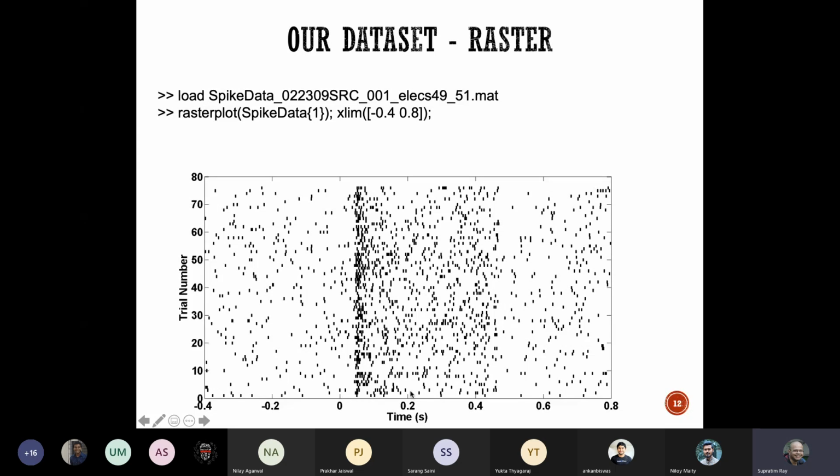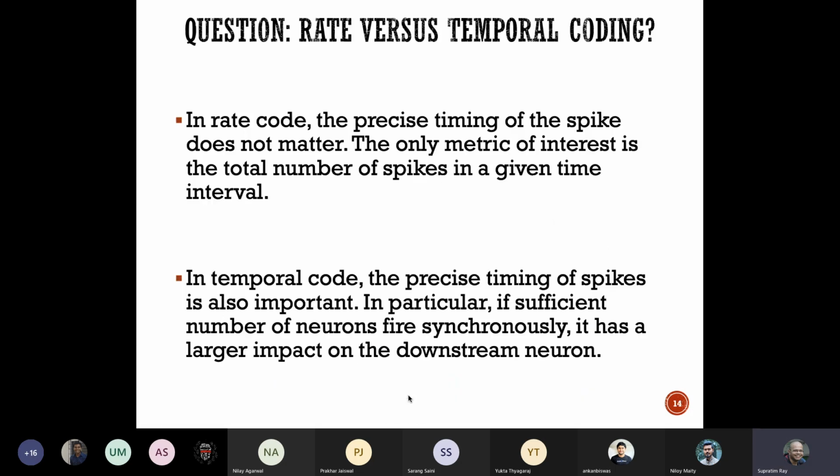So I'll have 4 spikes in the first trial, 8 spikes in the second, 3 and so on. The only metric of interest is the number of action potentials generated within a time interval. It doesn't matter when those action potentials are generated in that interval. This is called a rate code.